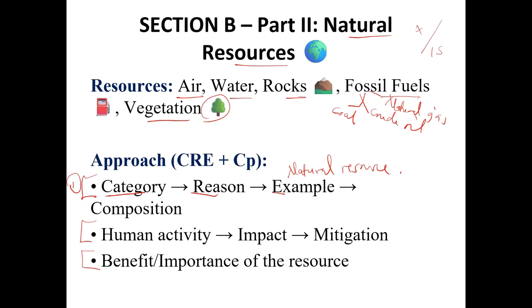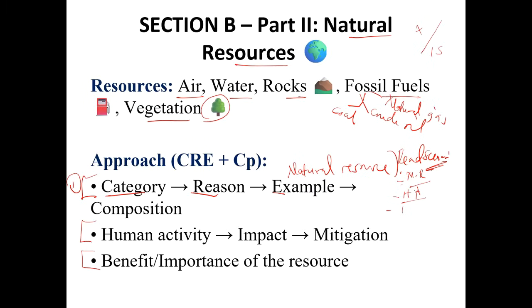In simple terms, read the scenario, and from the scenario, identify the natural resource that is being affected. Identify the human activity which is affecting the natural resource or the environment, and then tell us the importance of conserving that natural resource. Those are the 3 paragraphs that you want. Now, for every natural resource, make sure that you know its composition.